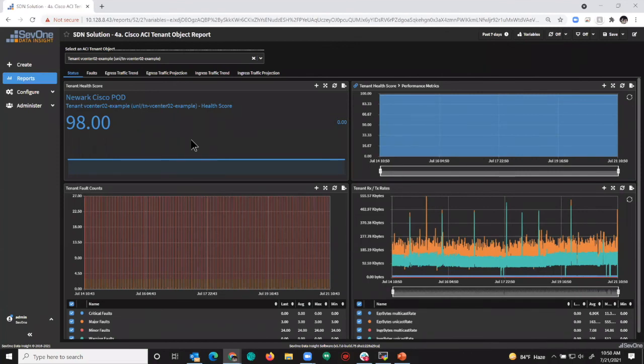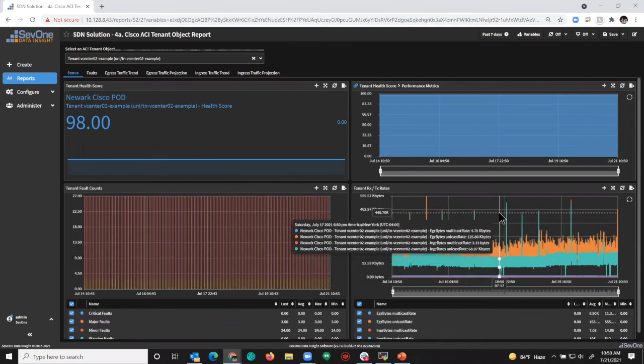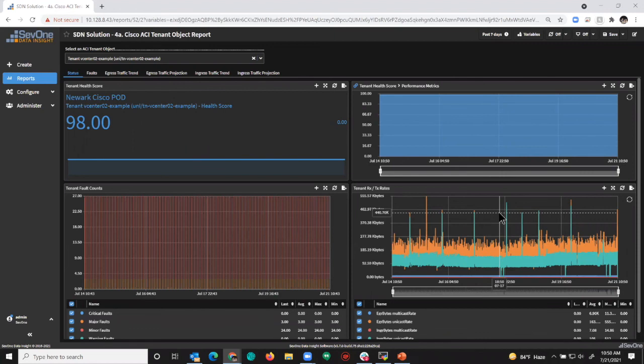Well, they have health, they have fault counts, like how many faults are related and what types of faults, and then they have transmit and receive rates. So at every level, whether it's tenant, application, or EPG, I can look at transmit and receive data. So I can figure out what specific application group is transmitting, receiving, is it getting data, that kind of stuff.